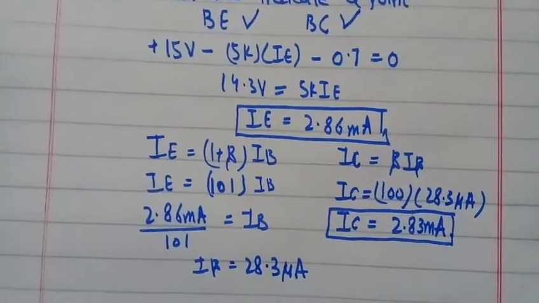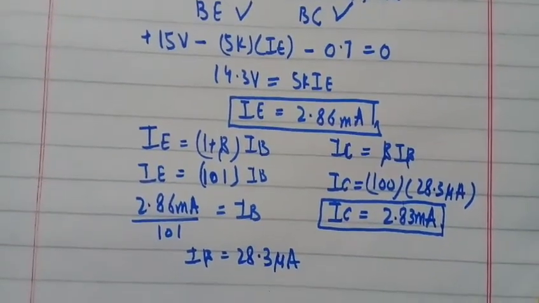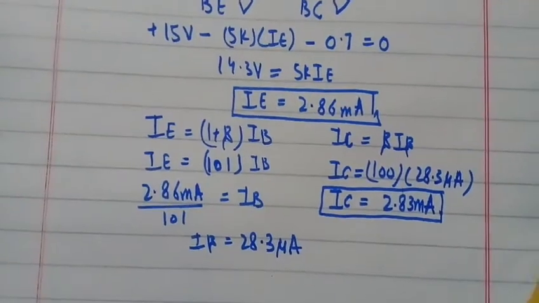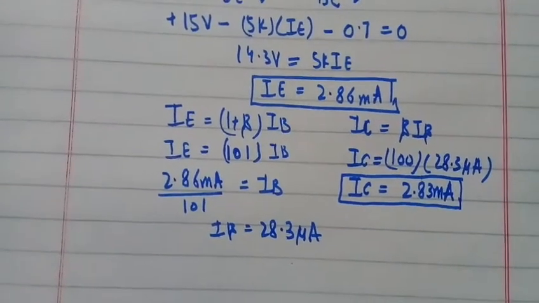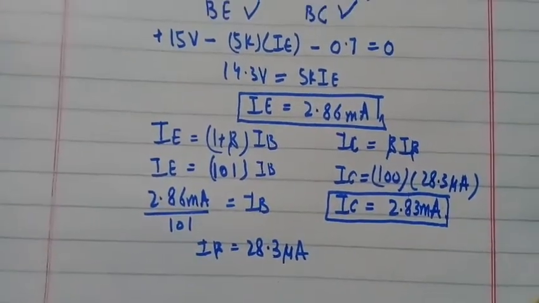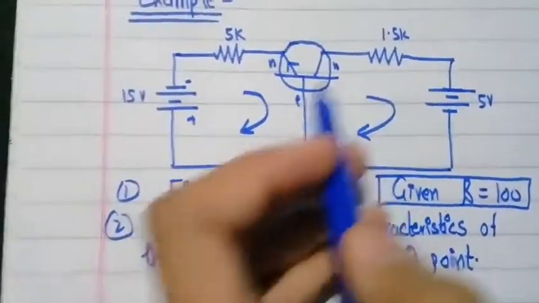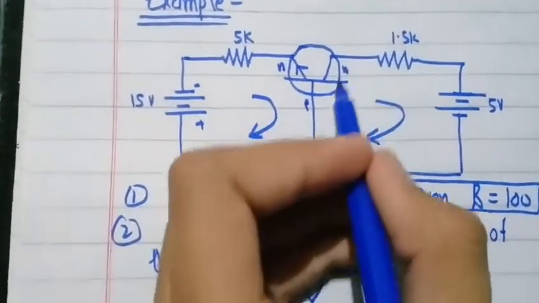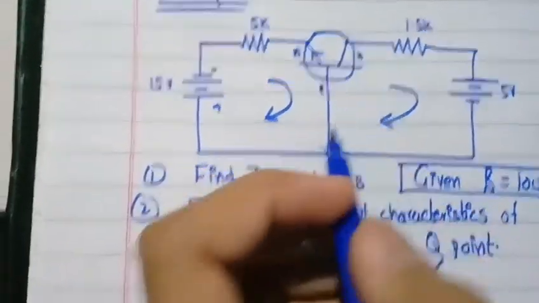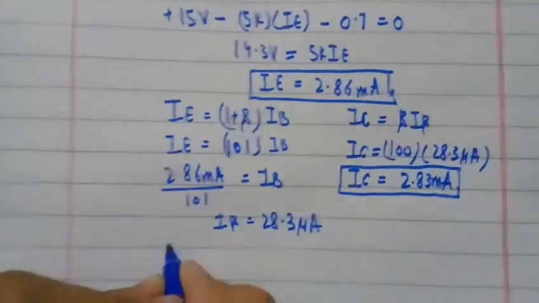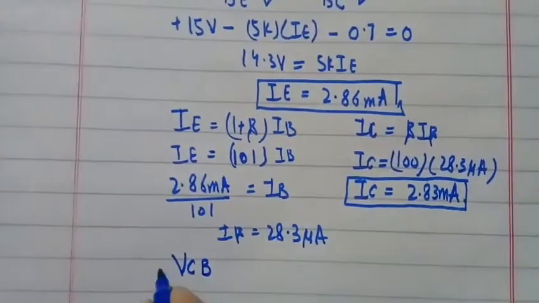So we have found IC. Now we have to find VCB. VCB will be given by the output loop. Now we'll apply the KVL formula to the output loop of the transistor. There is the output loop of the transistor and there is a junction present, the collector base junction, which is positive.